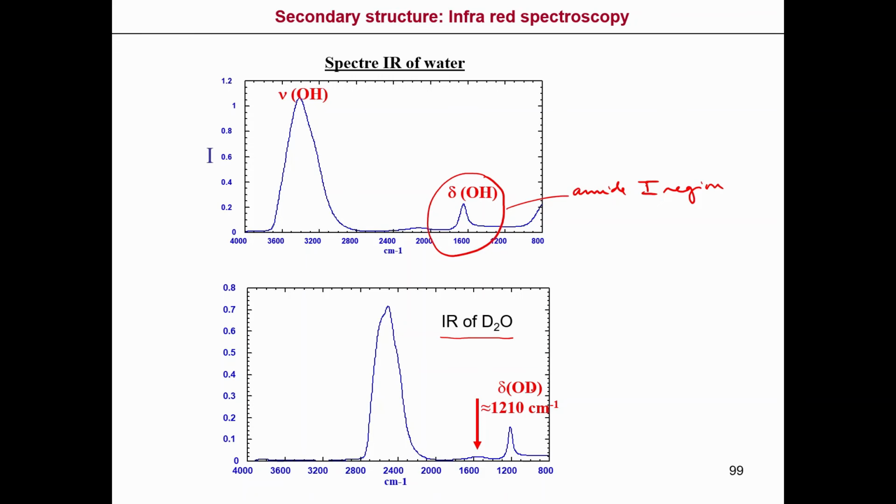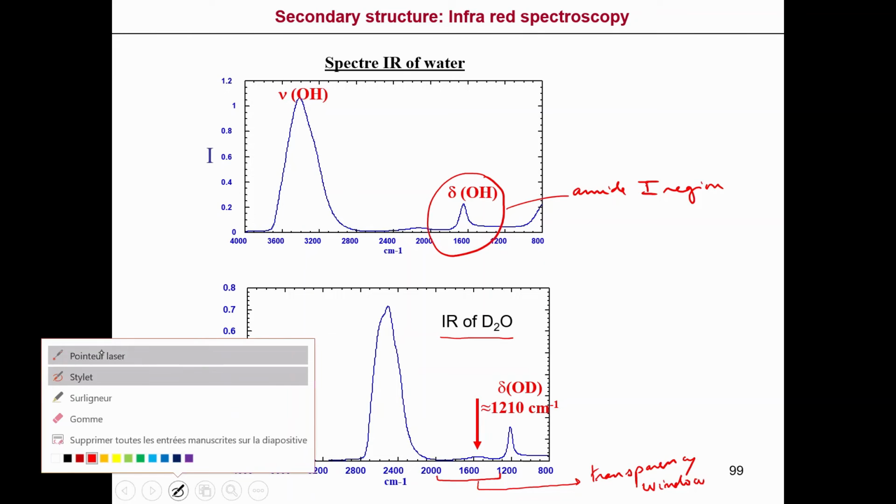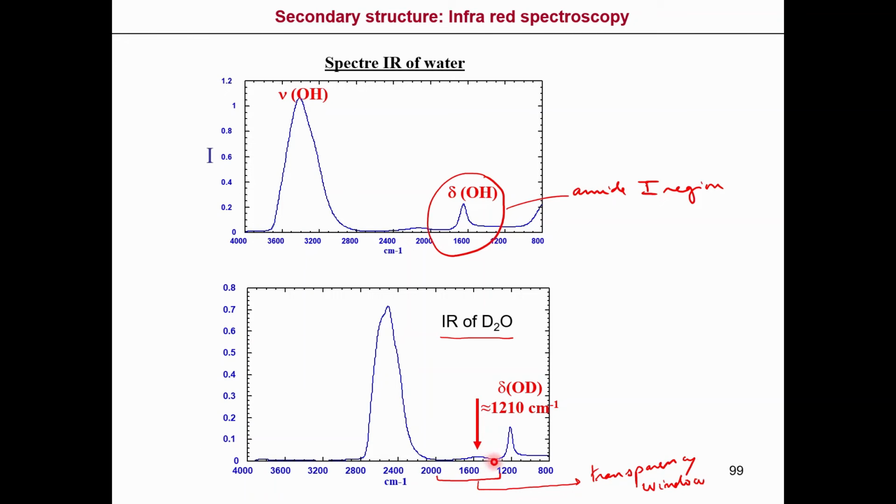And this time, this band is shifted to another region, and you have here the transparency window. Now you can record your infrared spectra of your protein, and you will see the amide 1 band in this region because it's a transparency window. Okay.